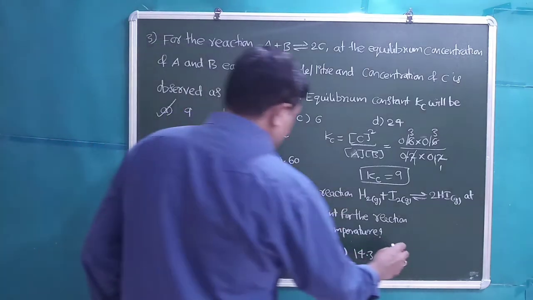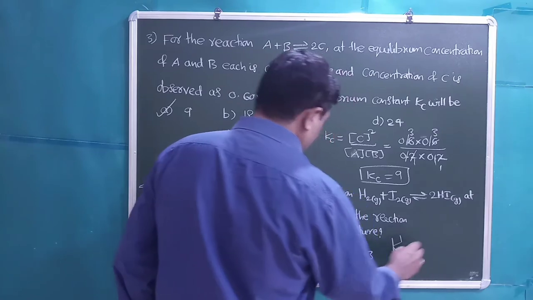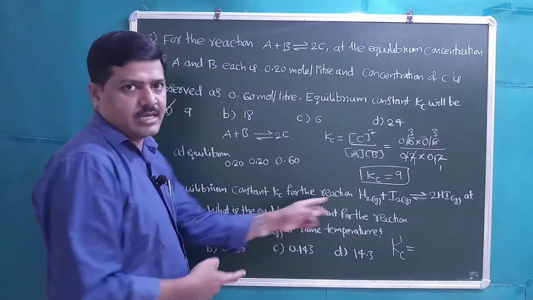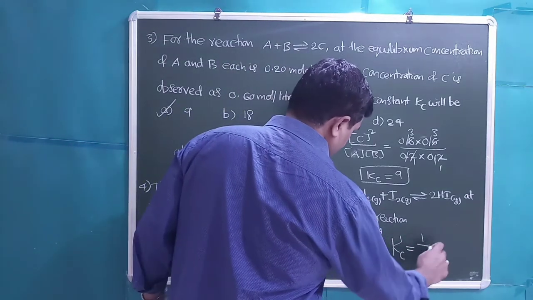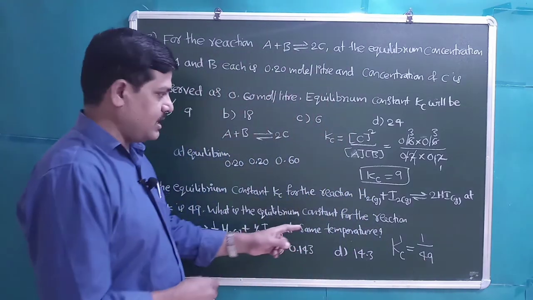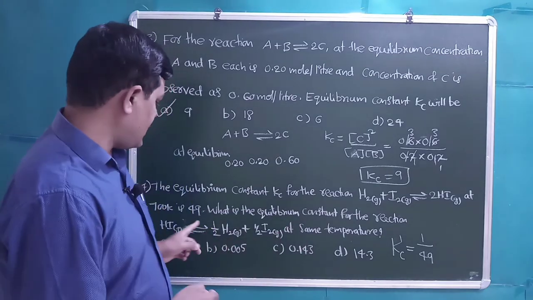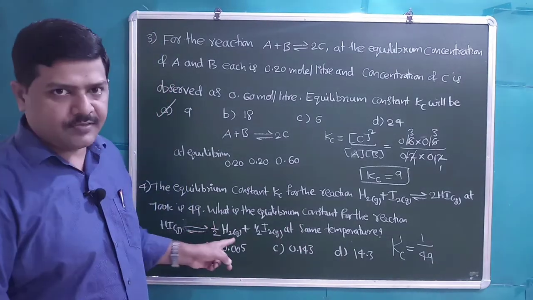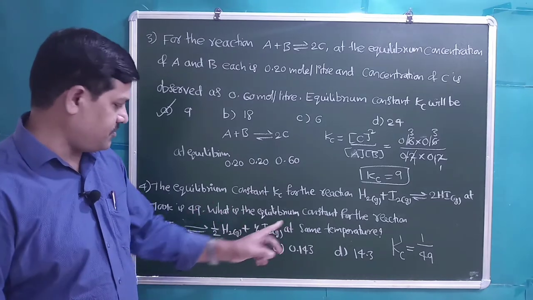Then the equilibrium constant Kc dash for the new equation: when we reverse the equation, the new Kc value will be the reciprocal of the earlier one, that is 1 by 49.